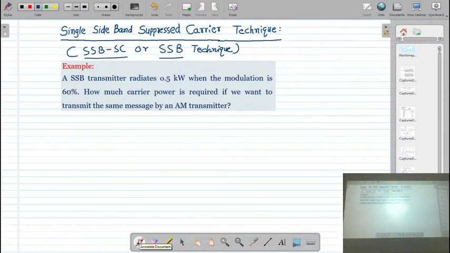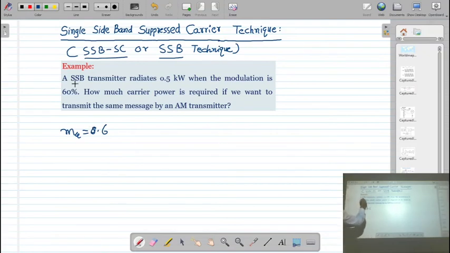An SSB transmitter radiates 0.5 kilowatt when the modulation is 60%. So here the modulation index is given as 0.6. How much carrier power is required if you want to transmit the same message by an AM transmitter?